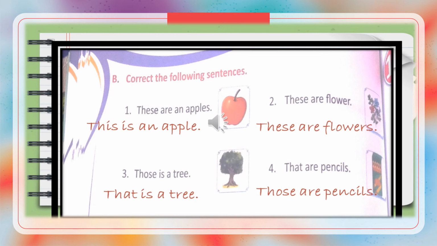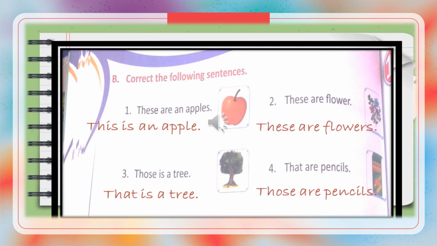Number 4. That are pencils. Now if pencils are there, it means these are plural. And for plurals, we don't use that. What will we write, kids? Yes, those are pencils. We will use those, not that.